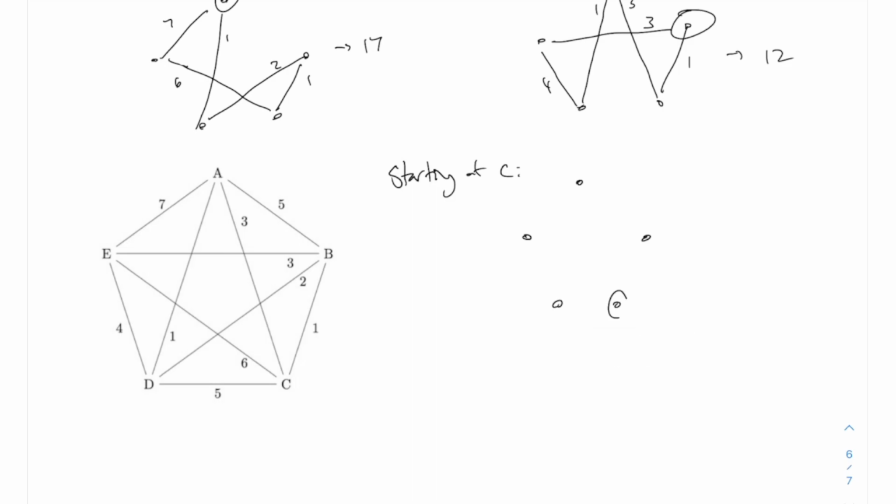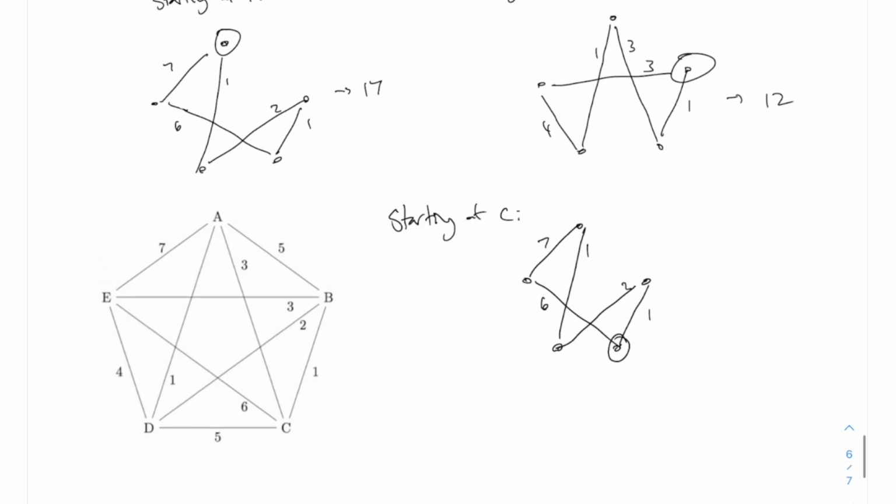Starting at C, which is this one, I'm going to have to choose the 1 first, and then the 2 here, and then the 1 here, and then I have to pick the 7 and the 6 to get back. This actually is the same as the first one there. This is a 17 again, right? This choice starting at C, I end up with the same as if I started at A.